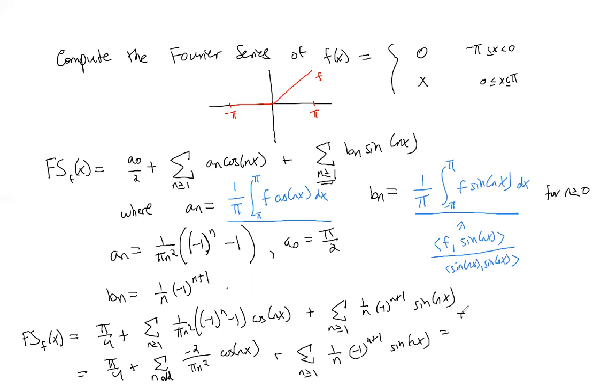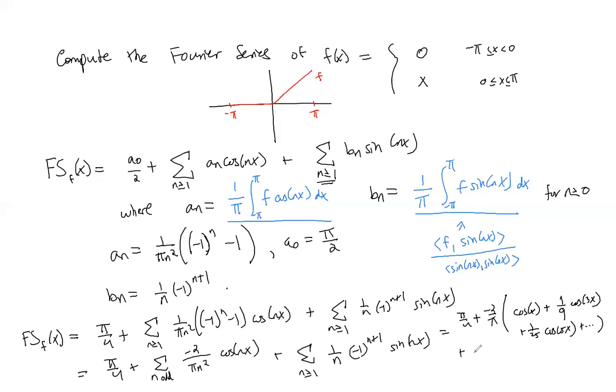So you could do pi over 4 plus negative 2 over pi cosine x plus negative 2 over pi, or I can even factor out the negative 2 over pi. Plus 1 over 3 squared, which is 9, cosine 3x, plus 1 over 25 cosine 5x, plus dot, dot, dot.